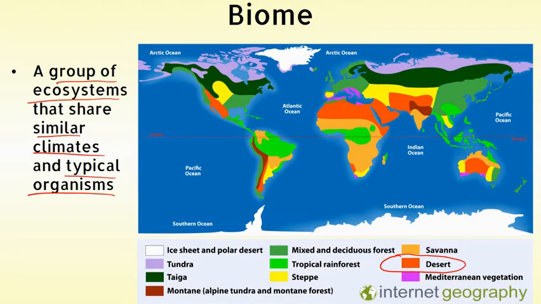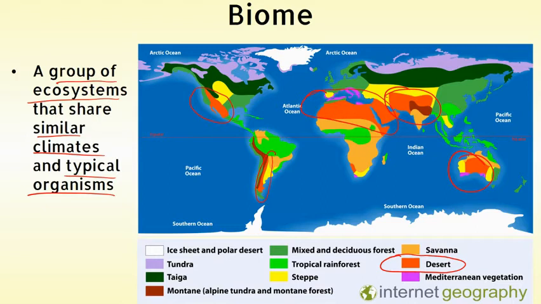The desert biome we see in North America in this area here. We also see a part of it in South America, a part of it in Africa, and a part of it over here in Asia and Australia.